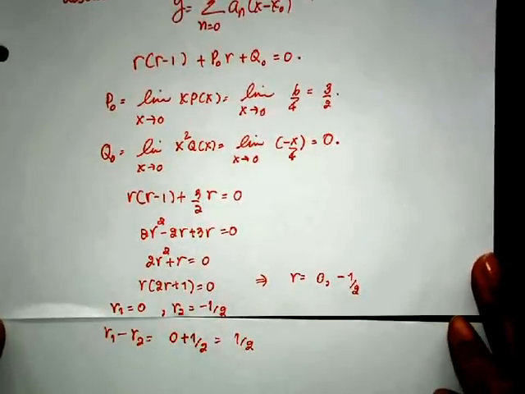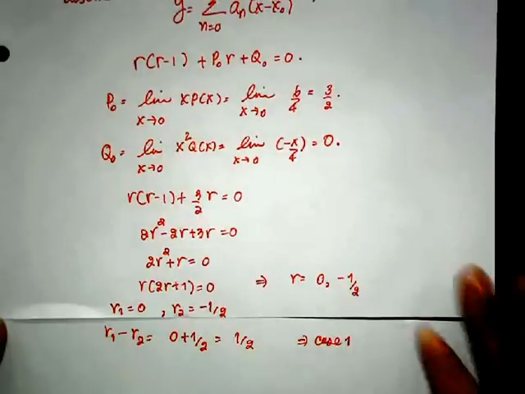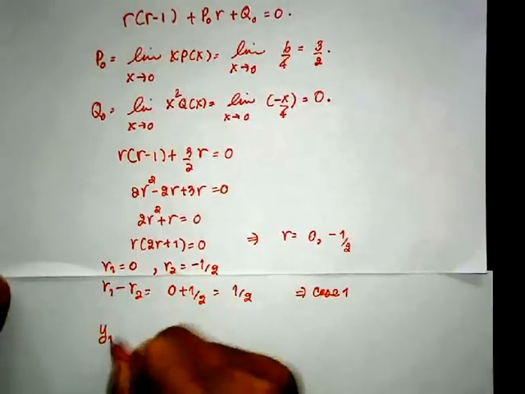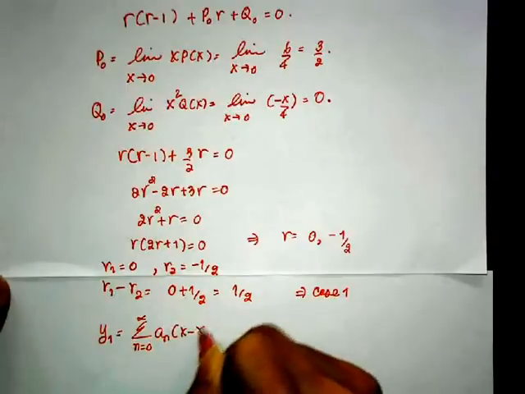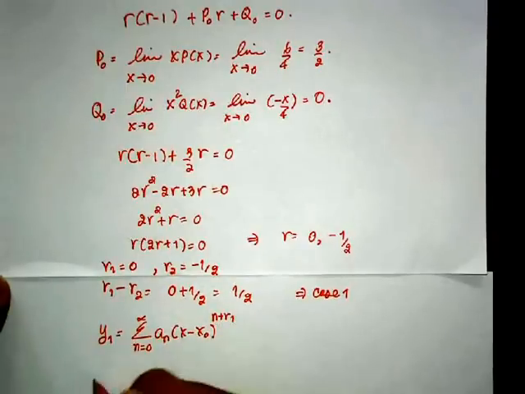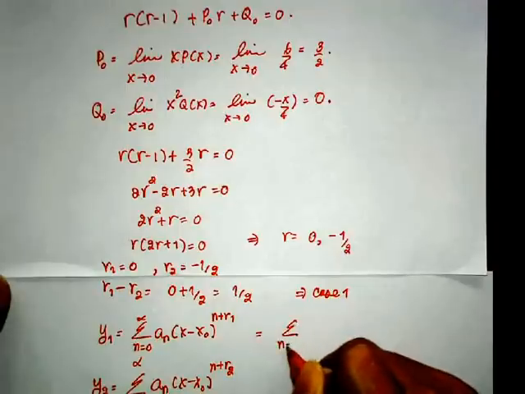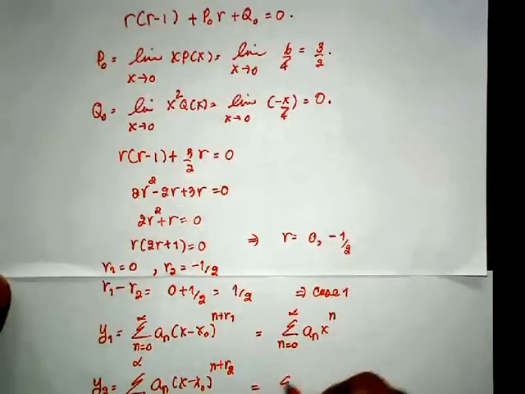So case 1. So in case 1 it says that we have y1 equal to... and y2 equal to... this is Bn.